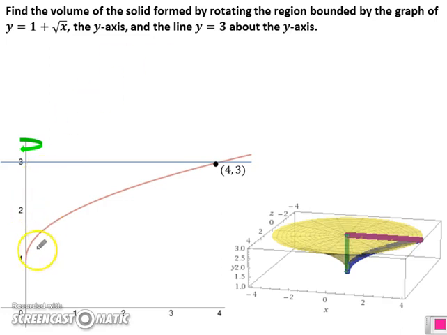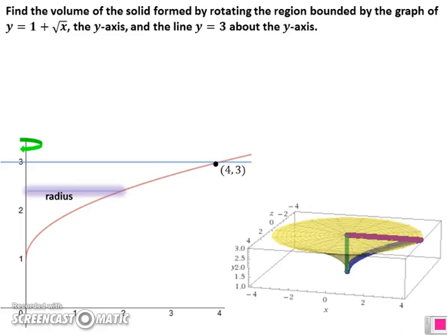Maybe like a volcano that doesn't have an opening in the center. It comes to a point instead. So anyway, all of these horizontal lines here represent the radius of the circle that we're creating by spinning.